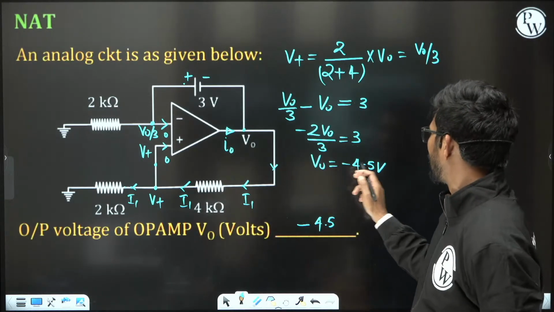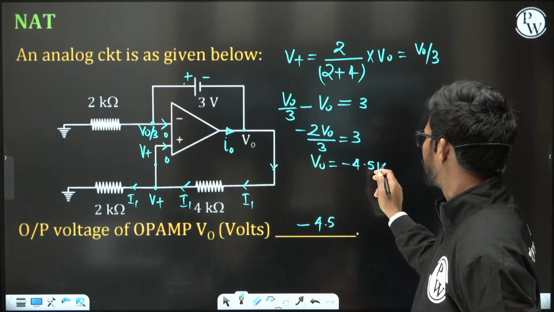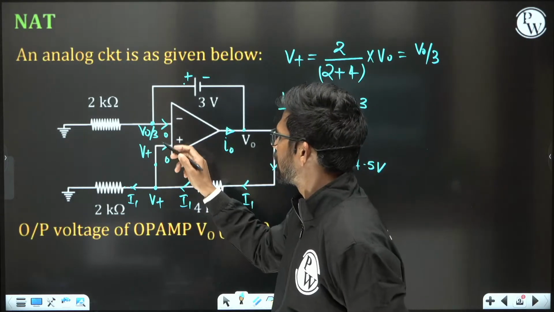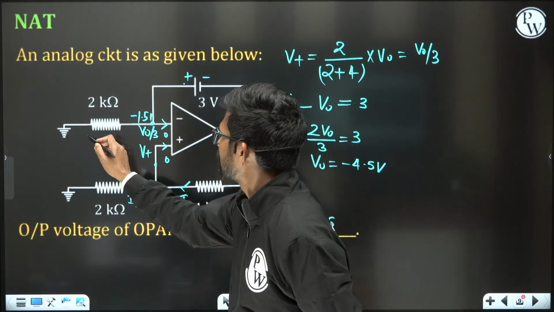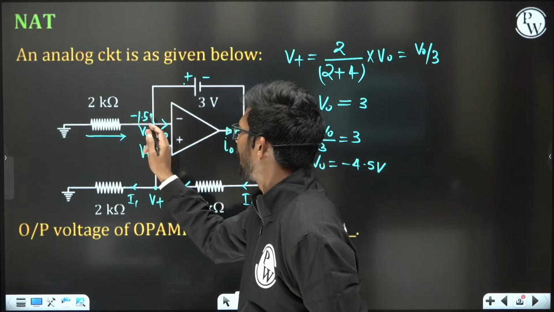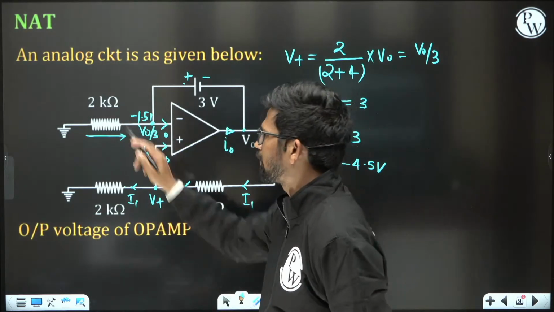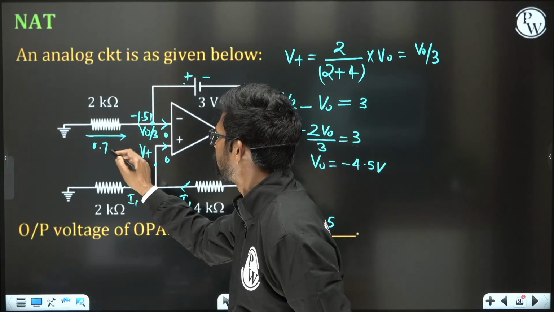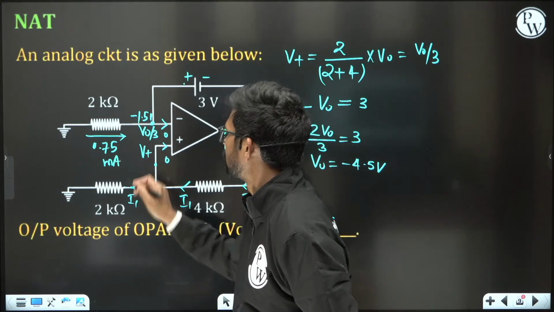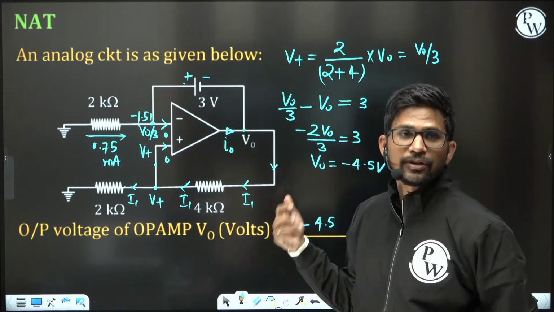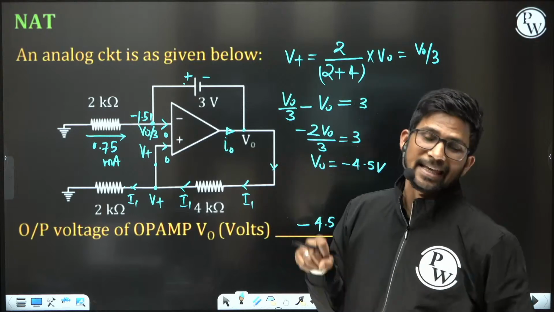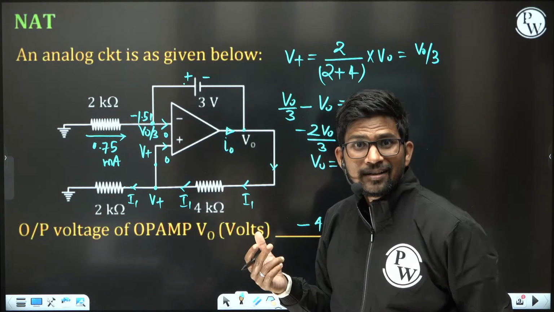So as V0 is minus 4.5, this V0 by 3 is minus 1.5 volt. So the current through this resistance is 0 minus 1.5 plus 1.5 upon 2, that is 0.75 milliampere. You can see that this battery of 3 volt is working like a source.